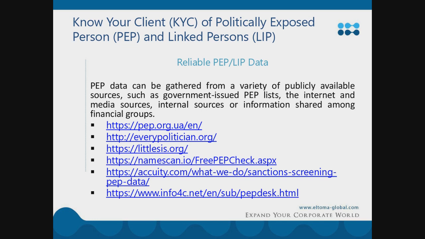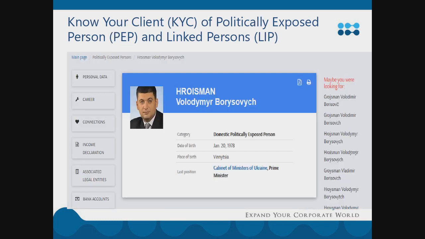In the world, there is unfortunately no single database which will cover all the information about PEPs and linked persons. However, there are some databases which could help you to identify such clients. As an example, I will show you how it looks.